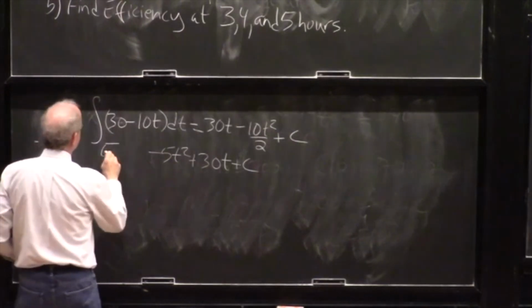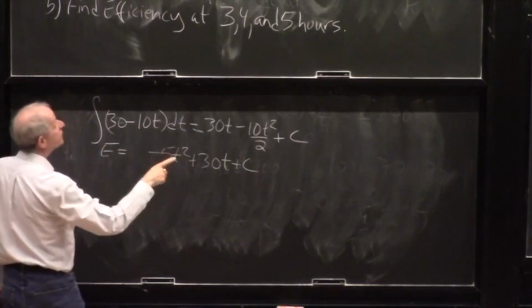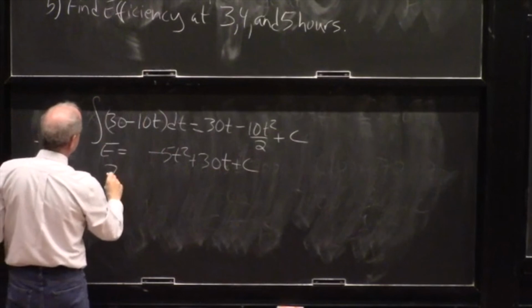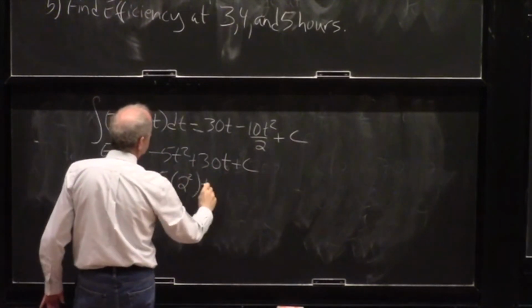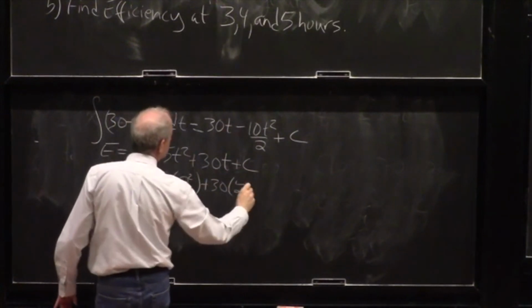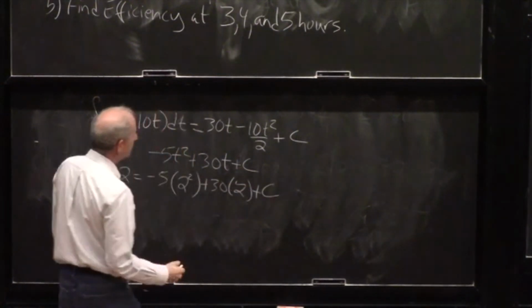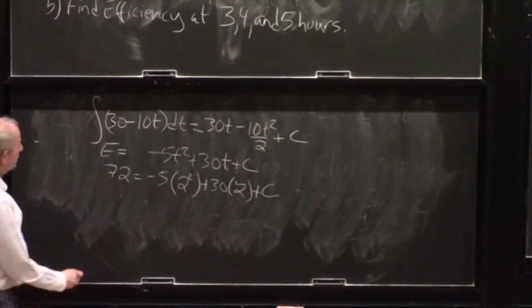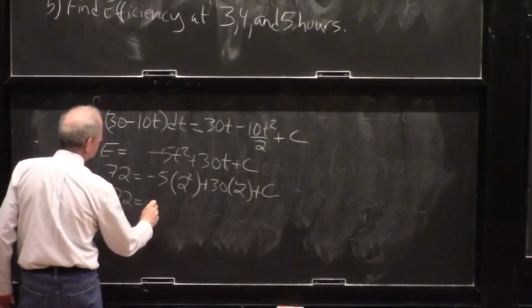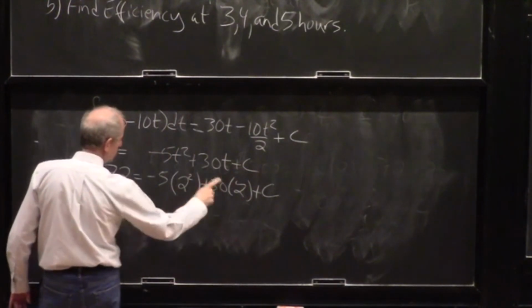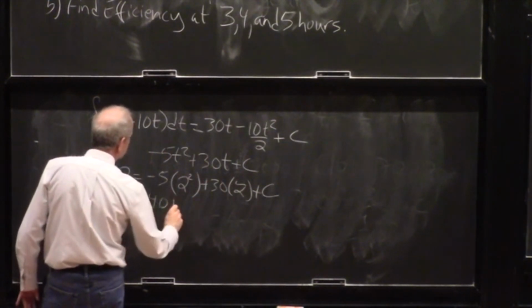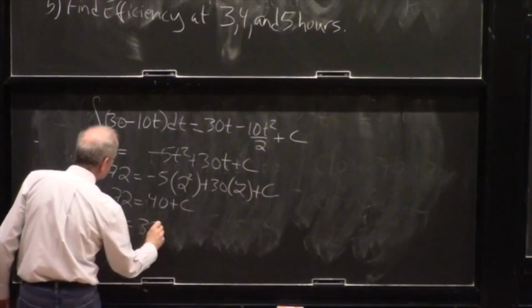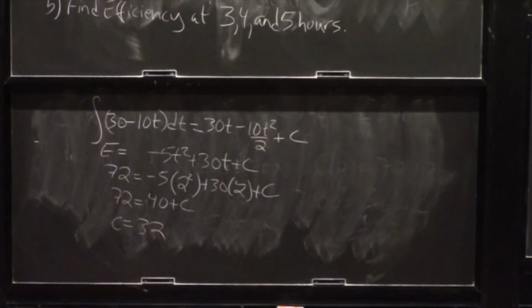Okay, that's our efficiency. And then efficiency at time 2 is 72. So 72 is negative 5 times 2 squared plus 30 times 2 plus c. That's 60 minus 20 is 40, plus c, c is 32, which means you start out with an efficiency of 32.